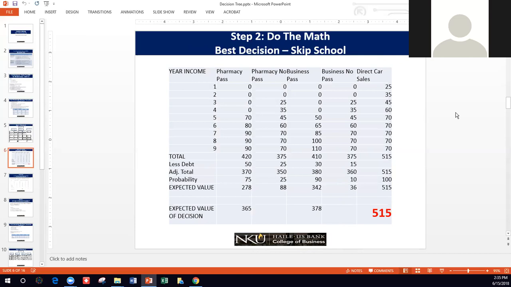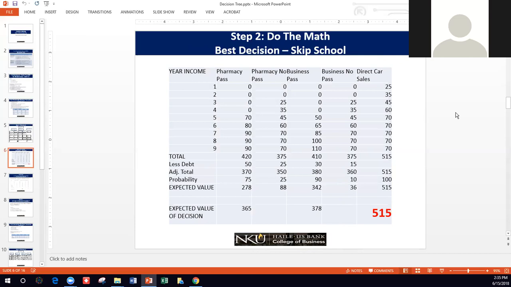If I quit, I become a car salesperson, 25, 35, 45, 60, and then I level off at 70. Total income 375, less now only half that debt. Total adjusted 350 times 25%. So if I take that route, the expected value is 365, the combination of 278 and 88.